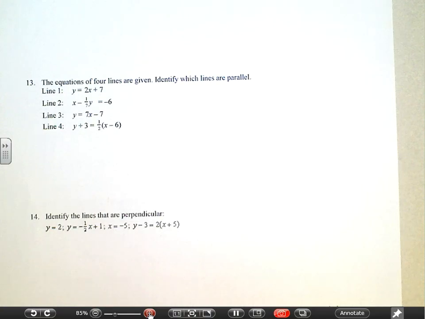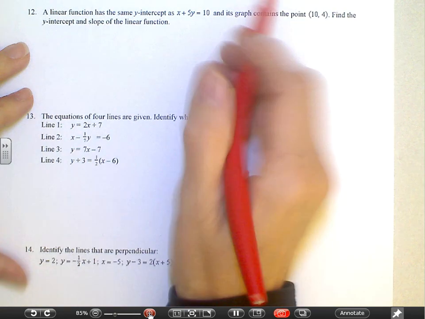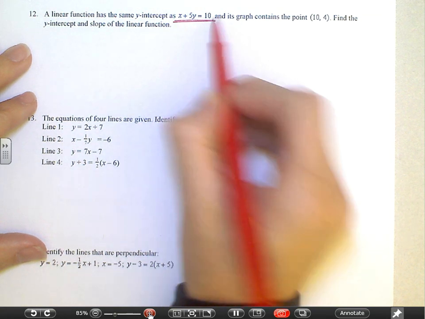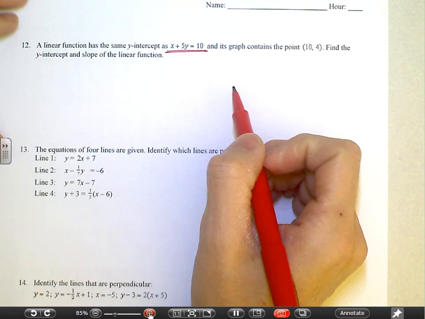Last page. A linear function with the same y-intercept as x plus 5y equals 10, and its graph contains the point 10, 4. Find the y-intercept and slope of the linear function. Okay. So I would get this in slope-intercept form, this one right here, so you can see what the y-intercept is.